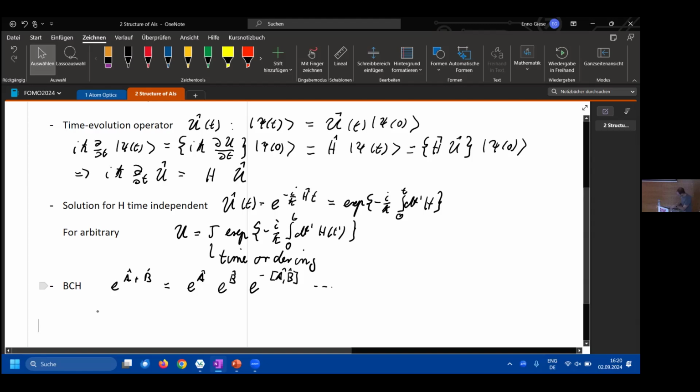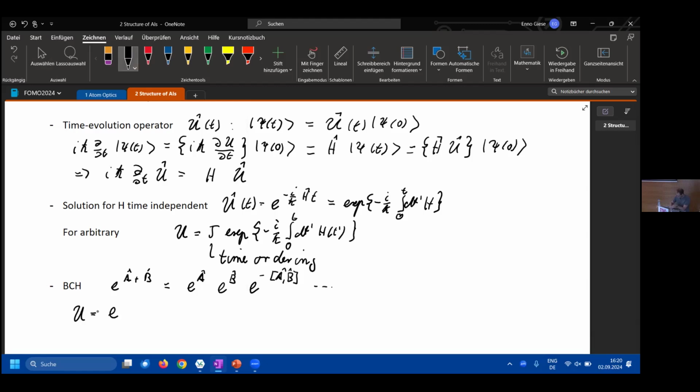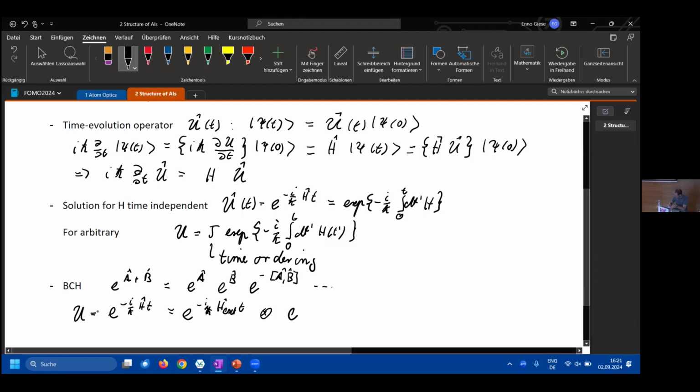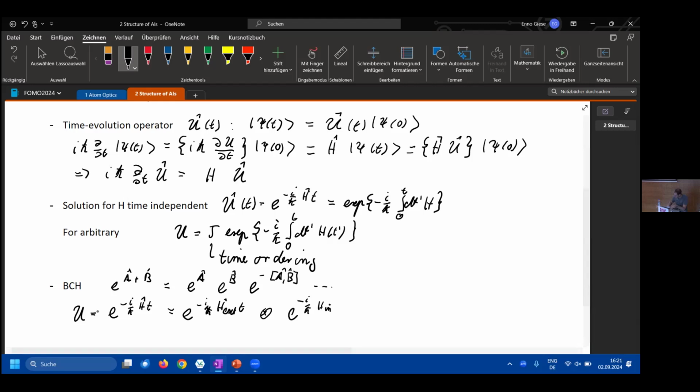just as e to the minus i over h bar H times t. That's what we are discussing. And we can just write this as e to the minus i over h bar times H external times t, times e to the minus i over h bar times H internal times t.